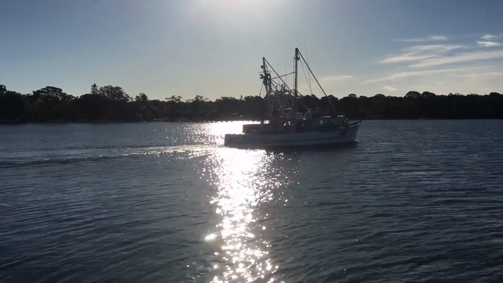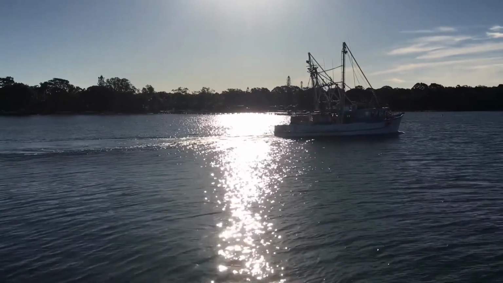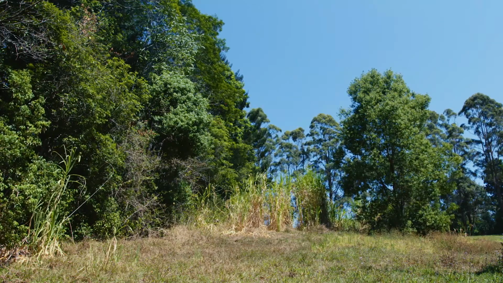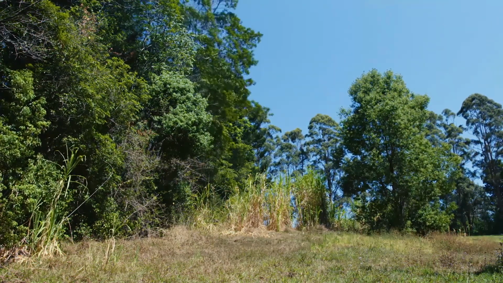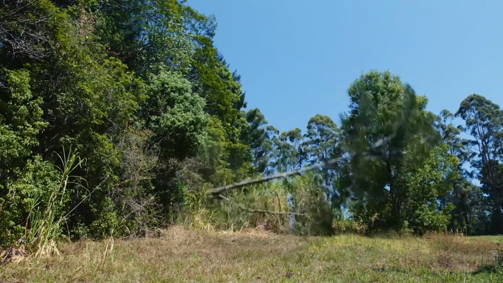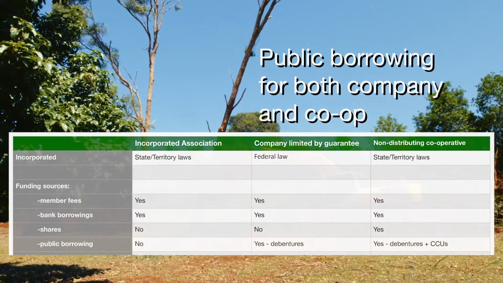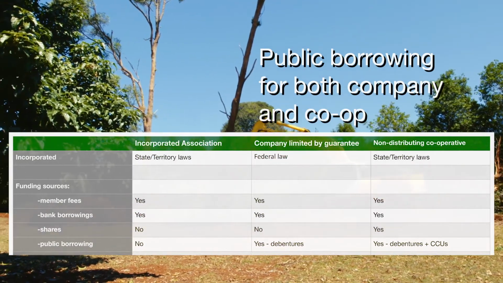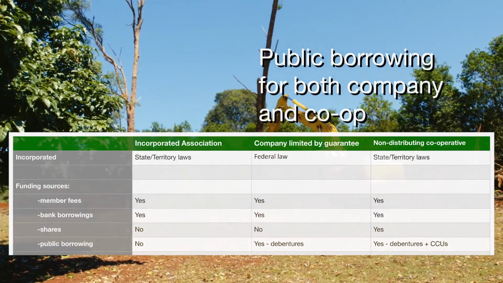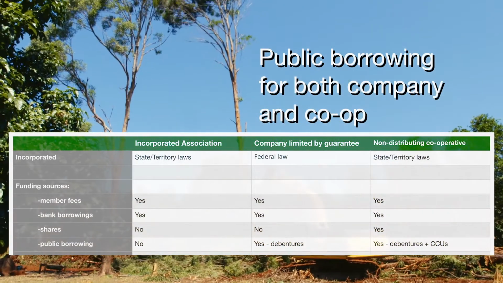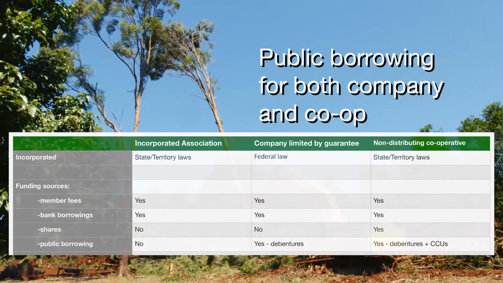Despite not carrying a dividend, shares in a non-distributing co-op represent an asset owned by members, which can improve the co-op's balance sheet. Both co-ops and companies limited by guarantee can borrow from the public through debt securities. Co-ops can also issue cooperative capital units, or CCUs.